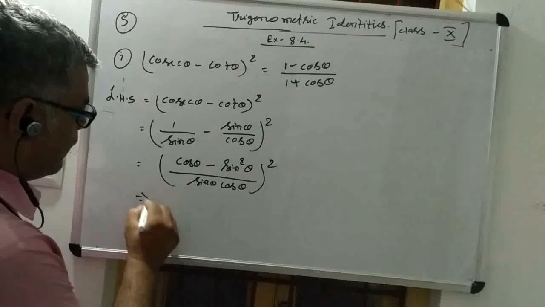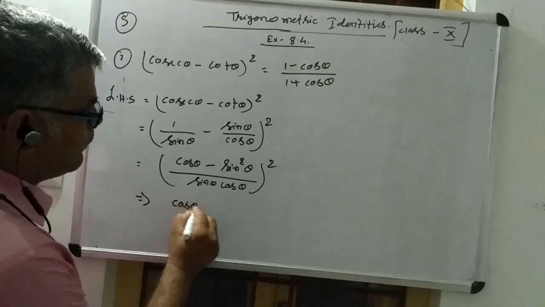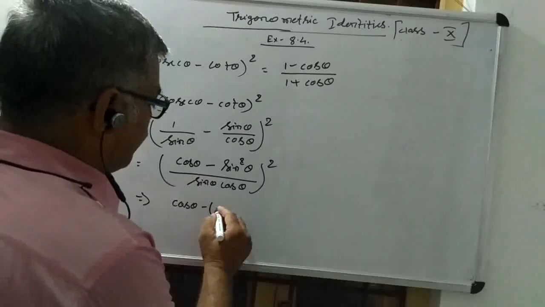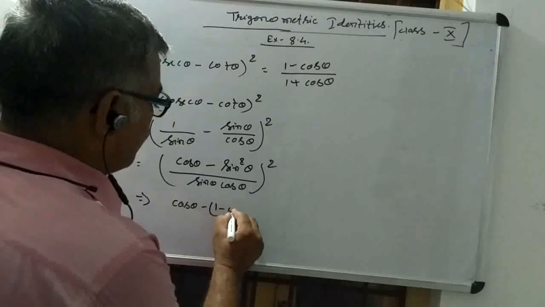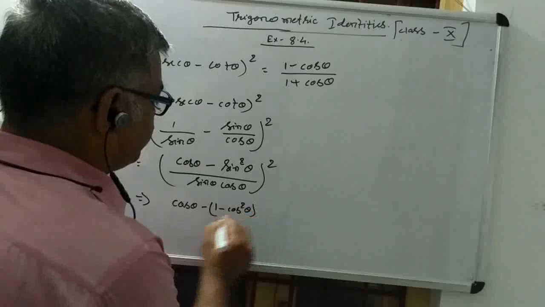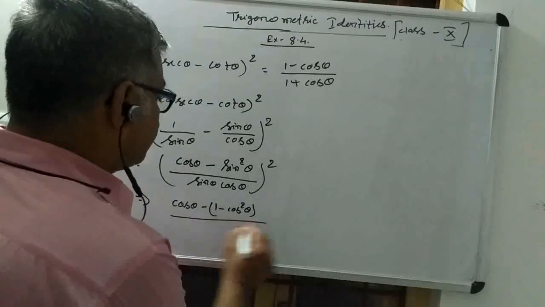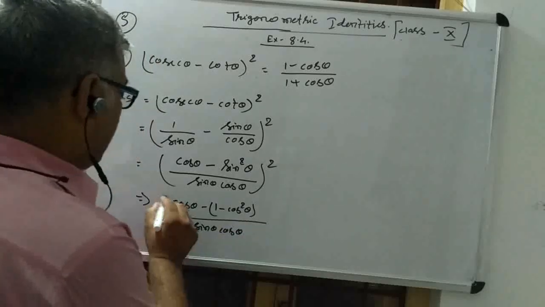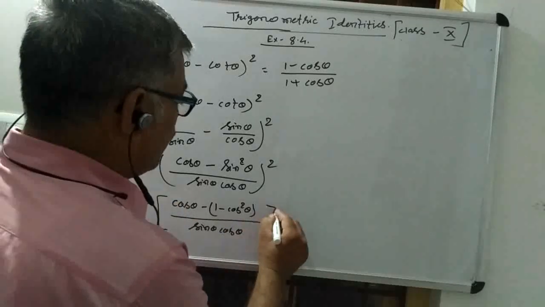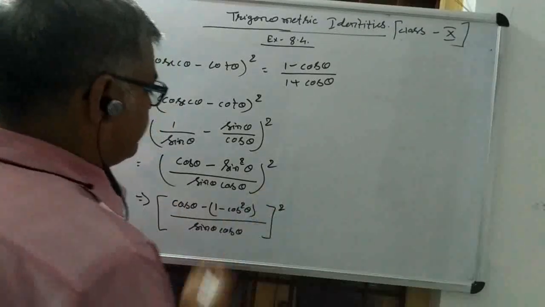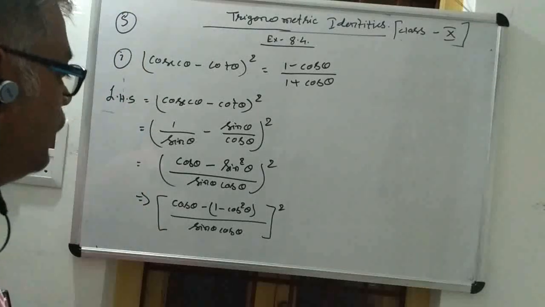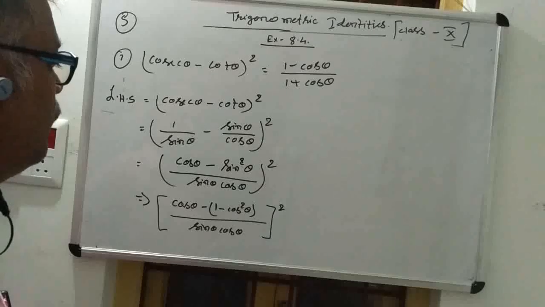We convert sin square theta into the form of 1 minus cos square theta, so the expression becomes (1 minus cos theta) by sin theta, and that whole square. So what have we got now?